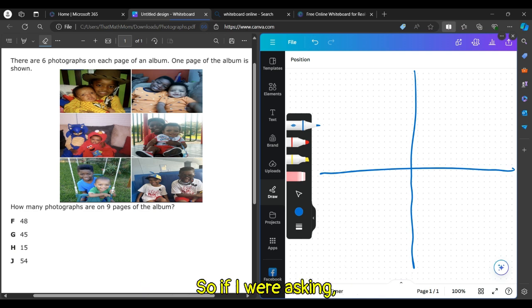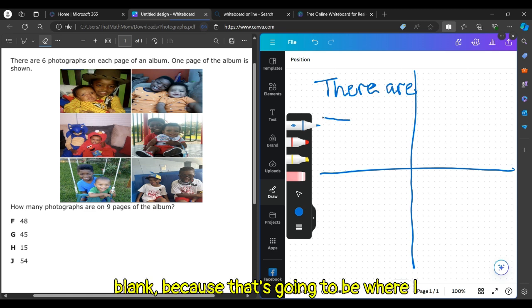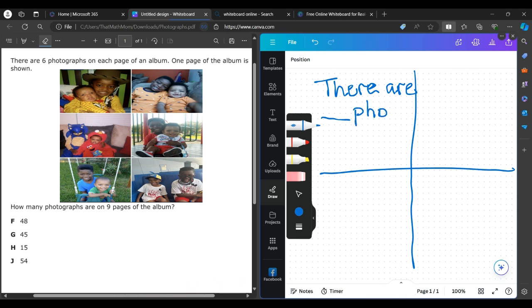If I was asking this question directly, my response would be, there are blank, because that's where I put my answer, photos on 9 pages.